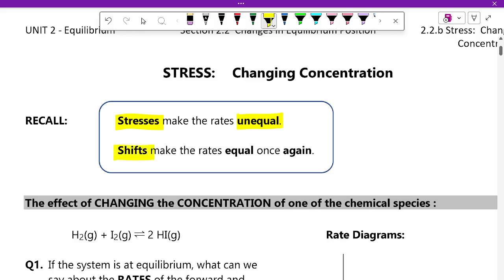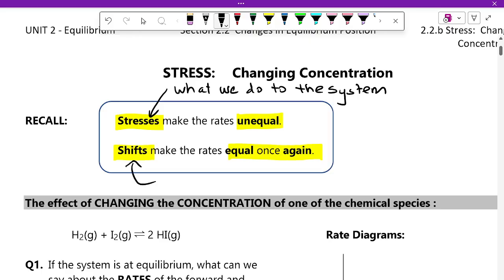Shifts make the rates equal once again. Stresses are what we do to the system. Shifts are what the system does in response to the stress.